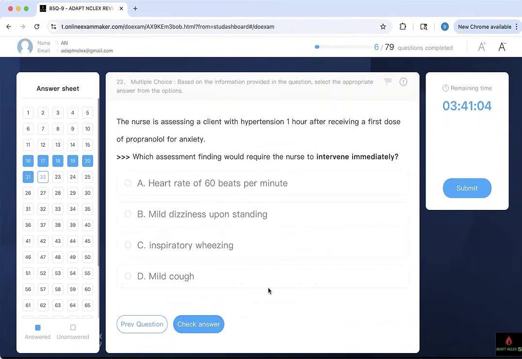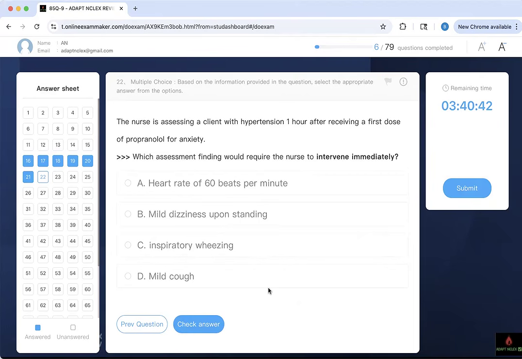Which assessment finding will require the nurse to intervene immediately? That means something bad is happening. The nurse is assessing the client with hypertension 1 hour after the first dose of what? Propranolol for anxiety. Propranolol is a beta blocker. It's a non-selective beta blocker. Which finding do you need to intervene on? What is it asking you about? Side effect.